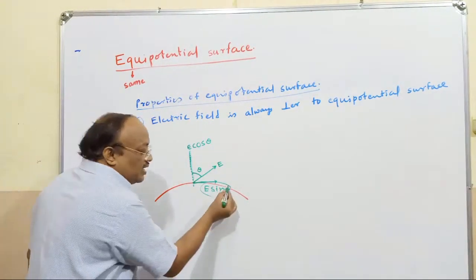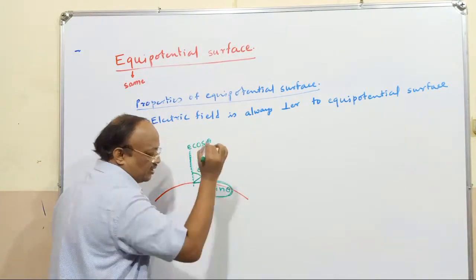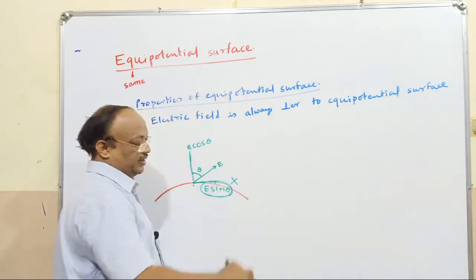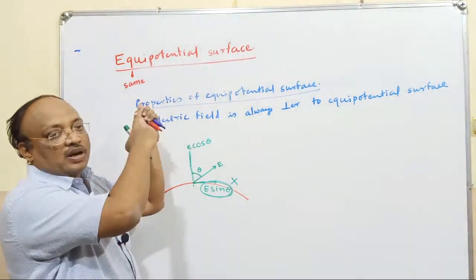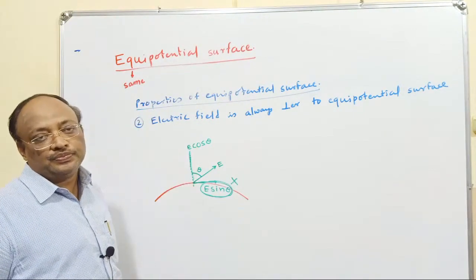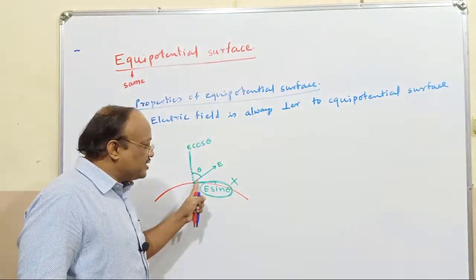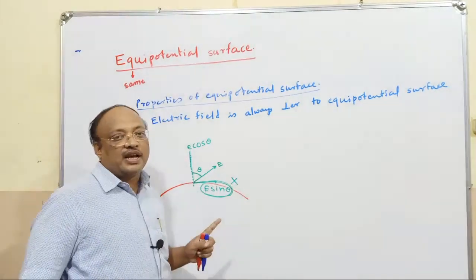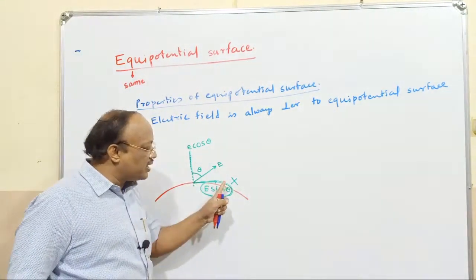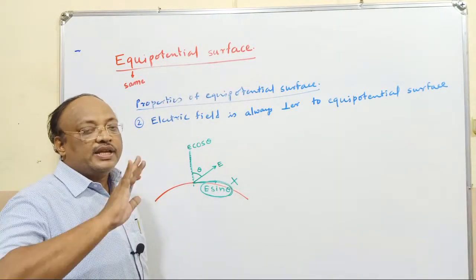So then, the existence of this E sin theta is not at all there. If it is there, then our previous property will get disproved. So this component, the E sin theta component, is not there.